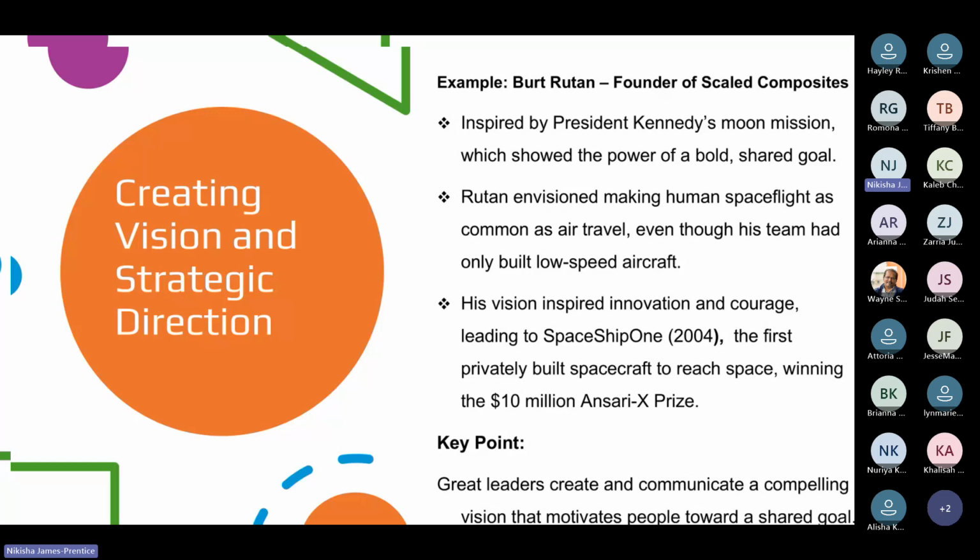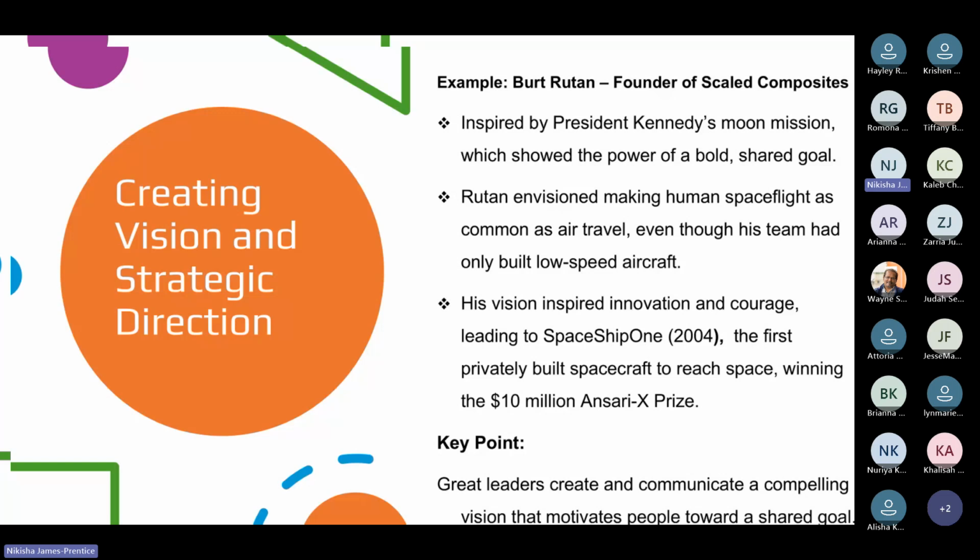Burt Rutan, founder of Scaled Composites, was deeply inspired by President Kennedy's moon mission. Kennedy's bold vision of putting a man on the moon demonstrated how a clear, ambitious goal could energize an entire nation. Similarly, Rutan envisioned making human spaceflights as common as air travel.